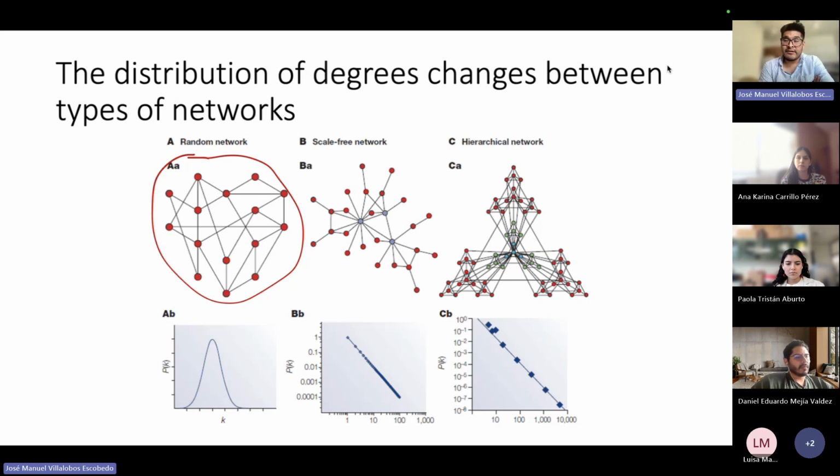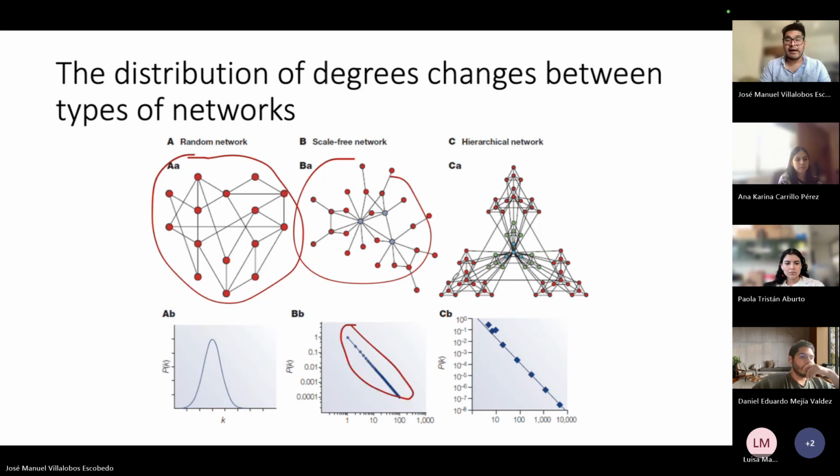But it's not a real biological network. A hierarchical network can happen, but it's more about connectivity, like a telephone network, and it's not clear in biological networks. But usually we have this kind of scale-free network with this kind of power law, and this is typically the biological network that we can see in different kinds of data.